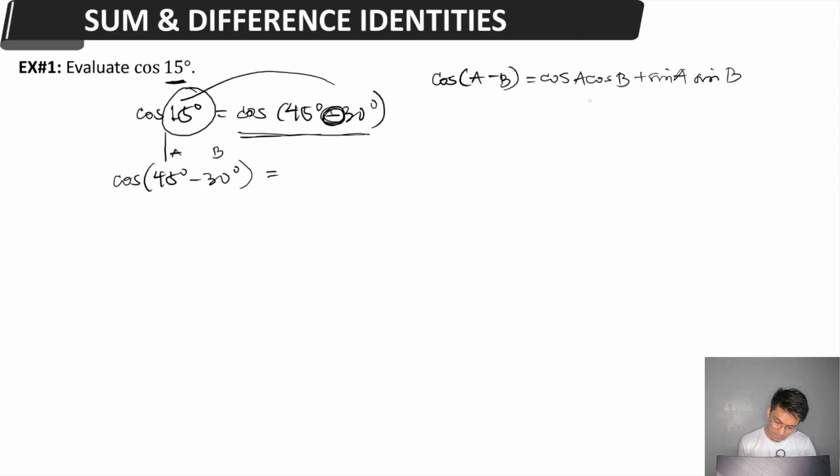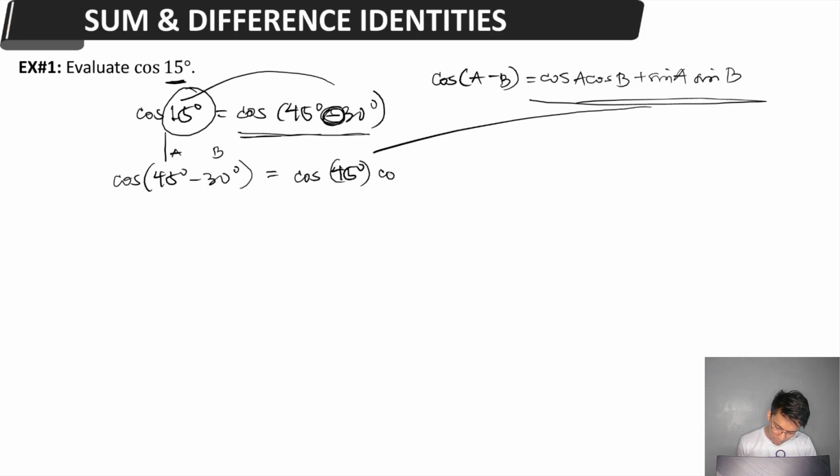So, i-apply lang natin itong part na to dito. So, this is cosine A na 45 degrees times cosine B na 30 degrees plus sine A na 45 degrees times sine B na 30 degrees.